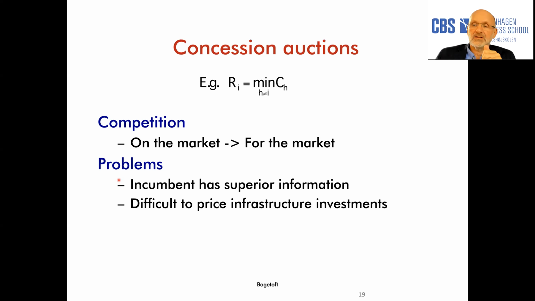The problem with that is that the incumbent, the already existing network operator, has superior information about the cost of operating in this area, the quality of the installation and so on. Therefore it's hard to transfer the assets from the incumbent to a potential new winner of this auction. That's why it has not really been used on a big scale.